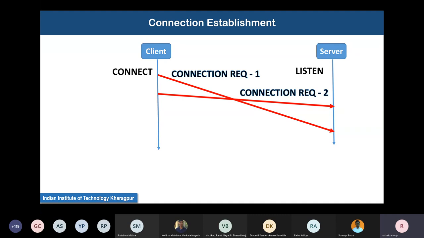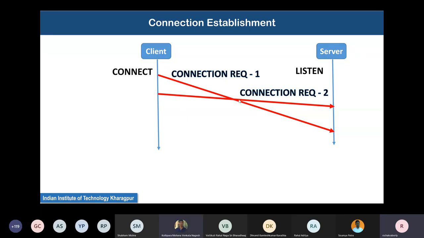Within 120 seconds, it has not been able to reach the server, maybe on the other side of the world. So what happens is it resends another connection request. But eventually the first connection request segment reaches the server, but later in time. That's why these two arrows have intersected.